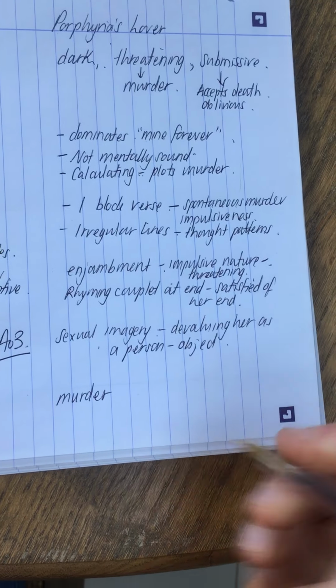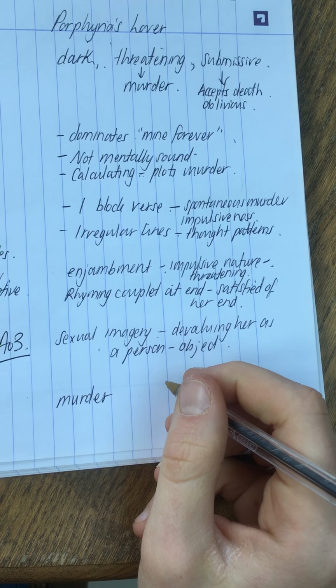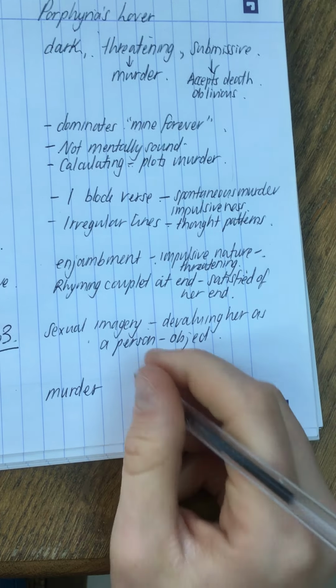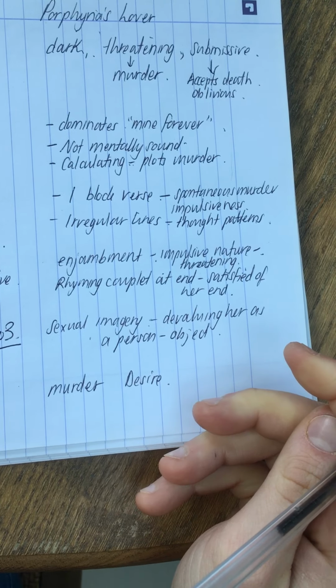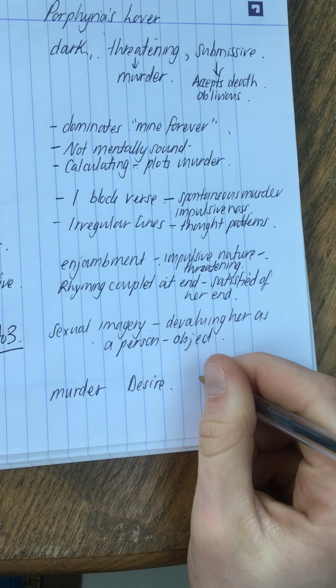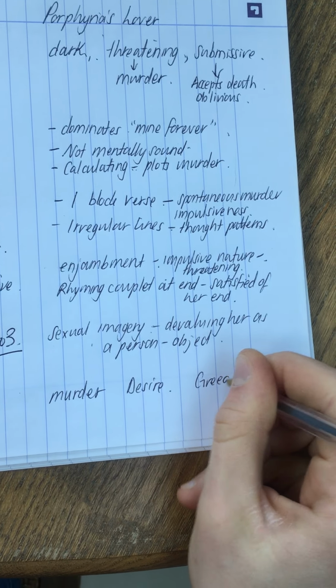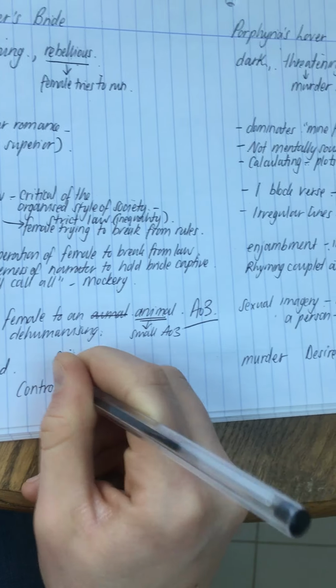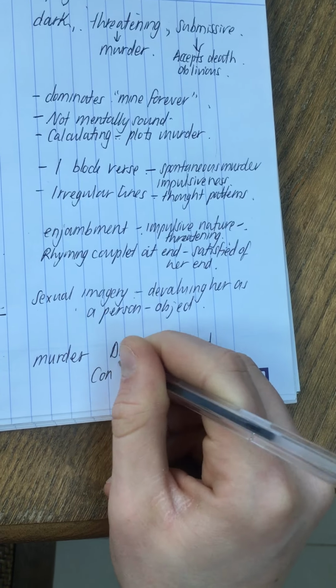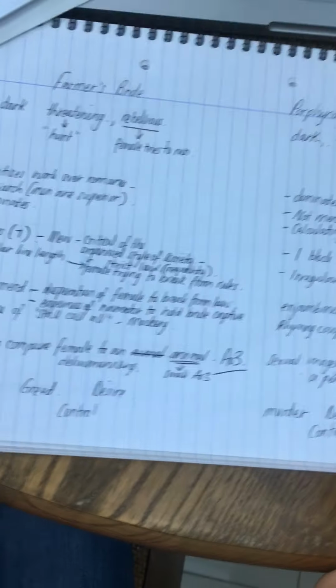We have also the theme of desire and greed. But for me, actually, another good one is control for both of them. They both desire the control of their female, to control that female in their lives. Okay? I hope that this helped.